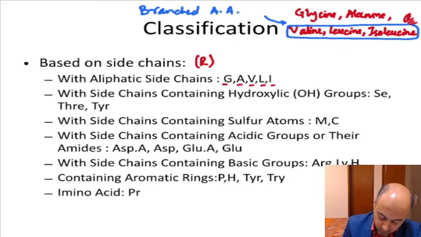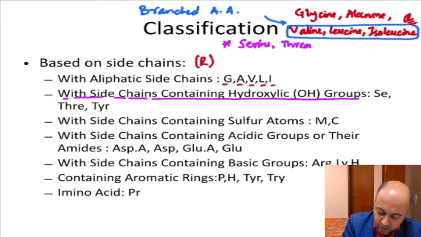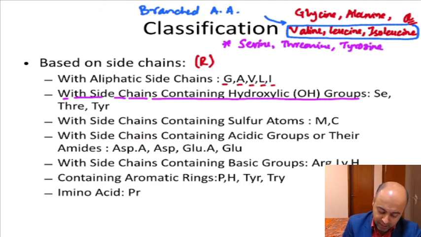Moving on to the second one, side chain containing hydroxylic groups. Here the names are serine, threonine, and tyrosine. Serine, threonine, and tyrosine will have the hydroxyl group in the side chain.